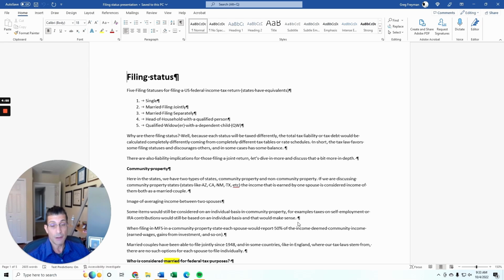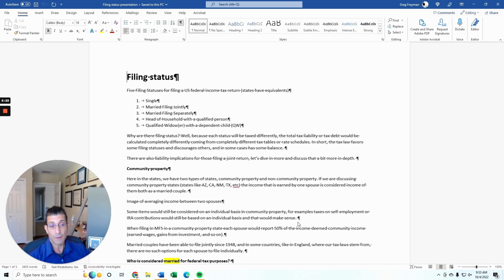Honestly, I didn't hear about community property or non-community property state laws until I started to dive into taxation and worked in tax, and began to understand that not every state does things the same when it comes to how states divide income amongst the spouses. That was pretty eye-opening to me, because I always thought that once you marry, everything's split 50-50 unless you have a prenuptial agreement. But it's not actually the case.